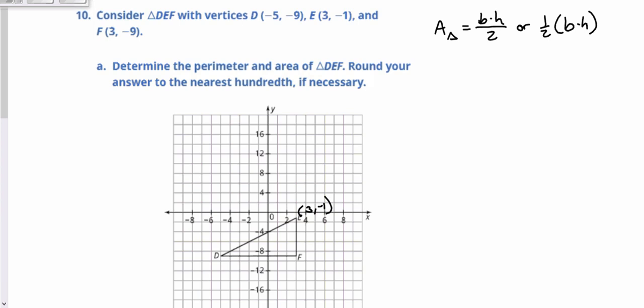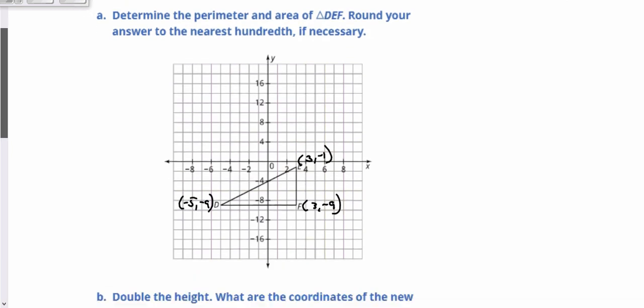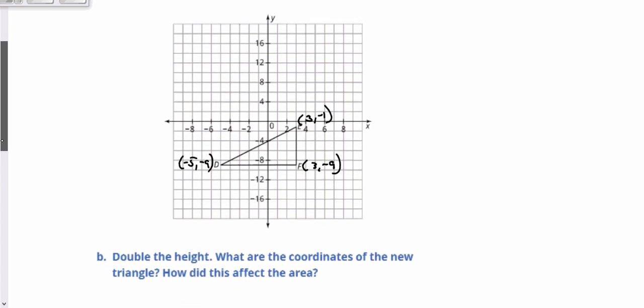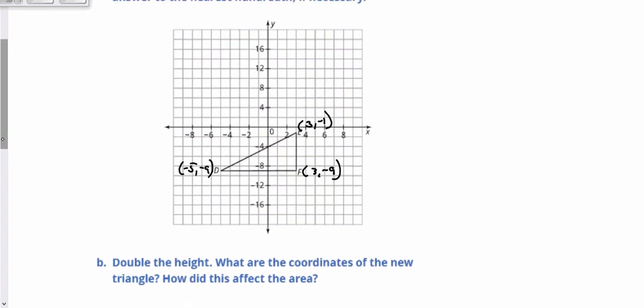F is 3, -9. And D is -5, -9. All right, so now I can kind of pull this up just a little bit. All right, so now we need to find the area and the perimeter. Well, first off, we got to just find the lengths.